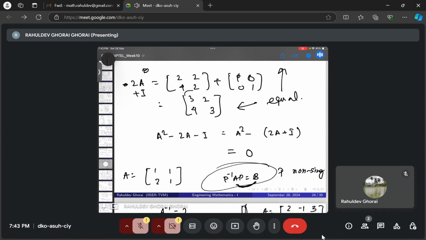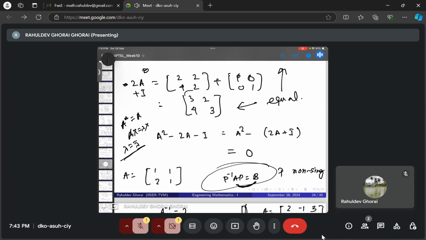Because AX is equal to lambda x, and A star is equal to A because it's a Hermitian matrix. From there, lambda is equal to lambda bar. Then that implies your imaginary part is 0, so lambda has to be real.